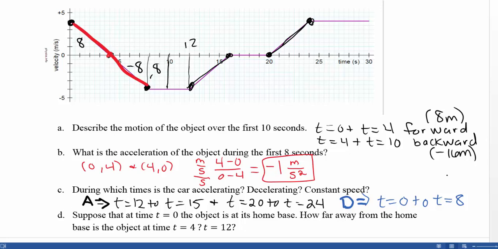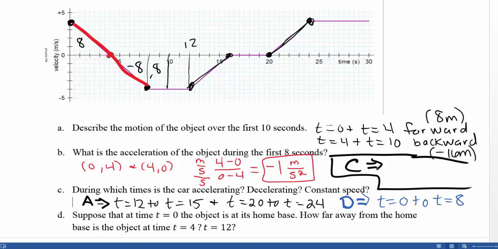So finally we have to figure out where we're constant. So we're going to be constant, put a little box here, whenever our function is horizontal. So acceleration will be 0. So that means our speed is constant. So that happens from time equals 8 to time equals 12. We have this horizontal line.